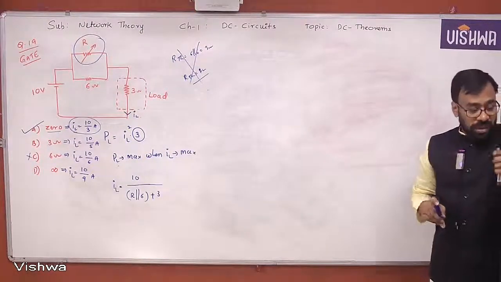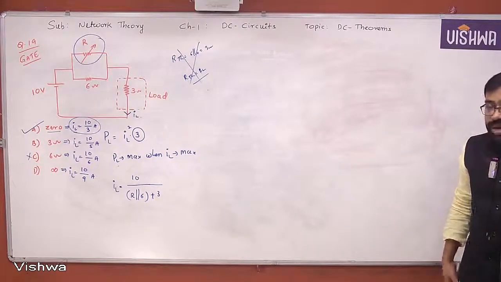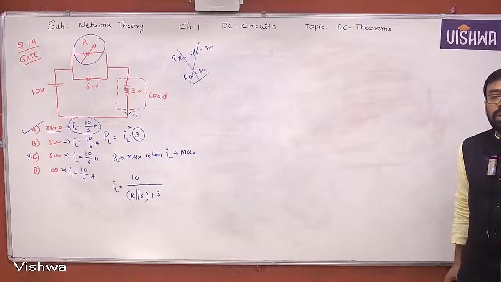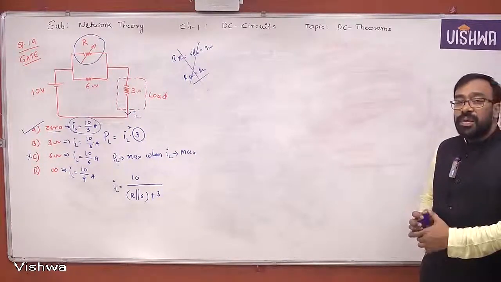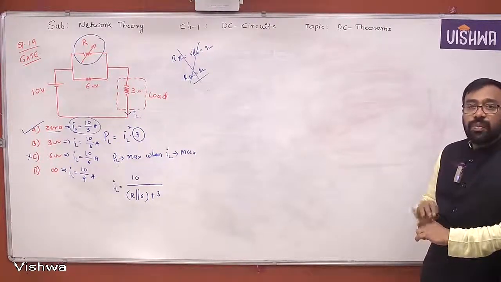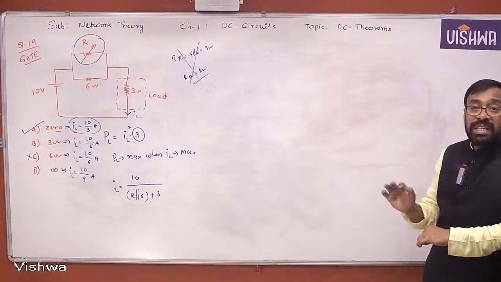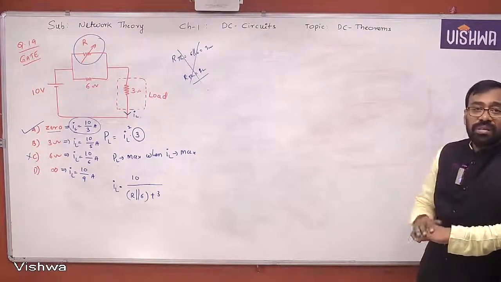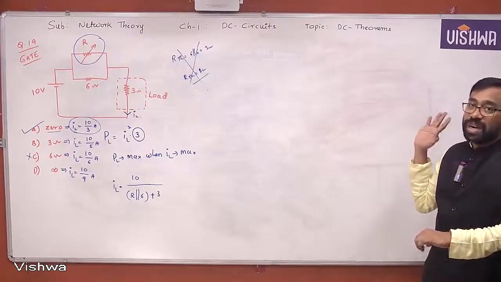Okay. So remember once again, whenever you read the term called maximum power transfer in the problem, don't come to a conclusion that the problem belongs to maximum power transfer theorem. It all depends whether the load is variable or not. Whether you are varying the load and sending the maximum power to the load or not. If that is not there, then that problem does not come under maximum power transfer theorem.